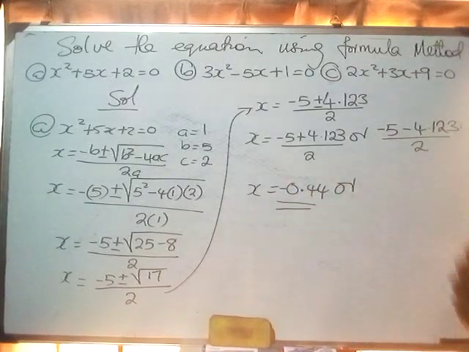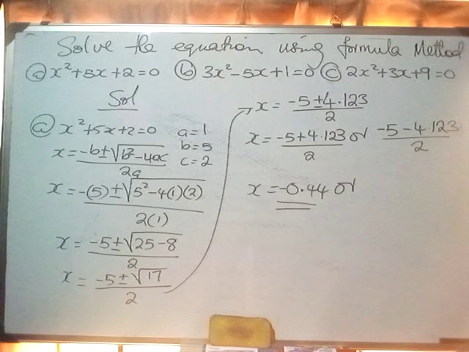Or if we say negative 5 minus 4.123, we get an answer. After you get that answer, you divide it by 2.